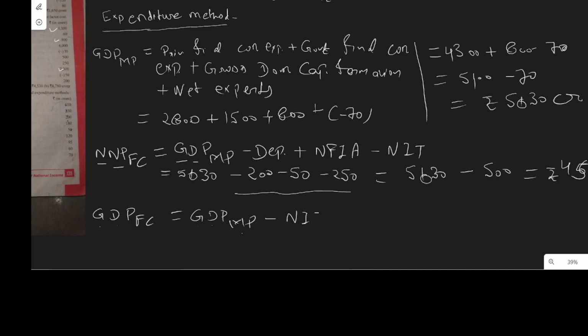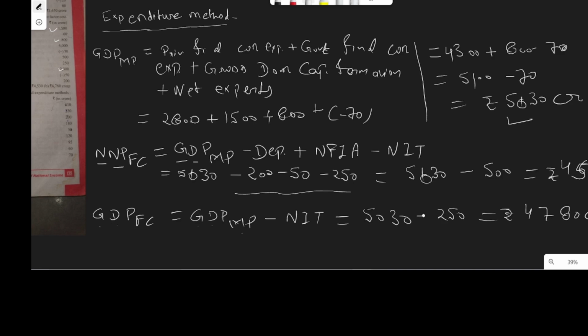So minus net indirect taxes. GDP MP is here 5030, and net indirect taxes is 250. So it comes out to be 4780 crore rupees.